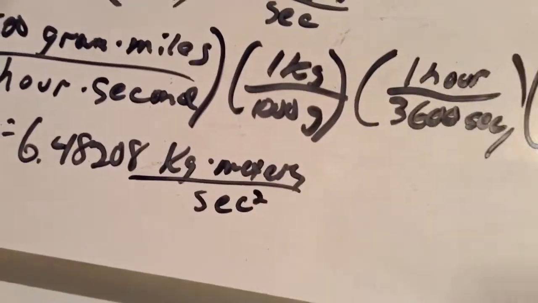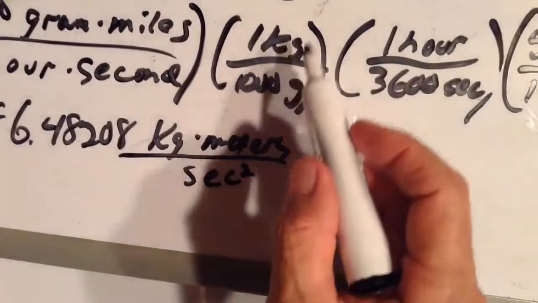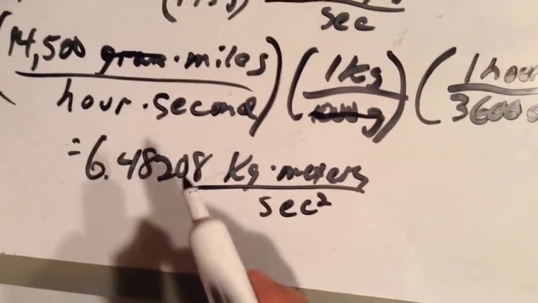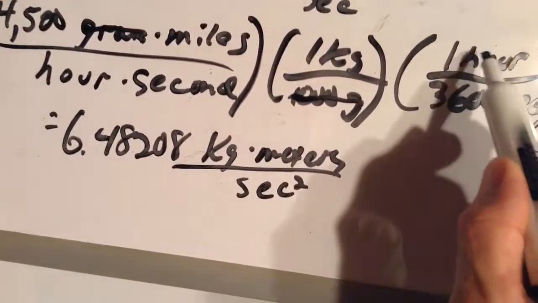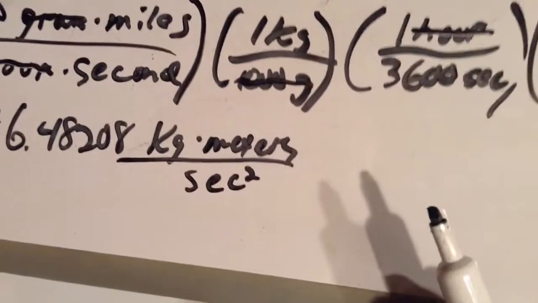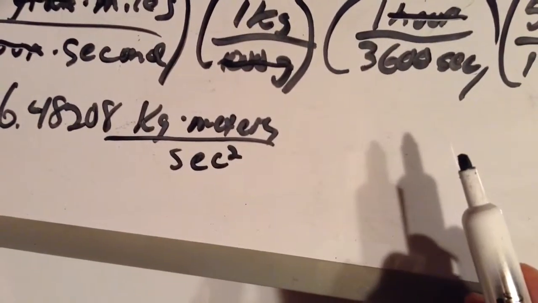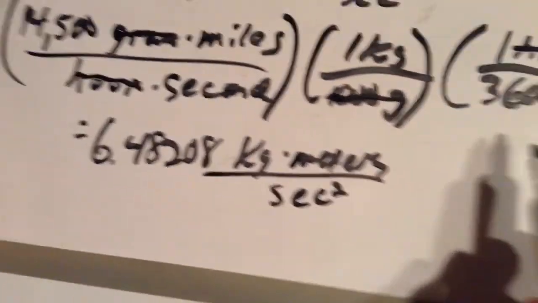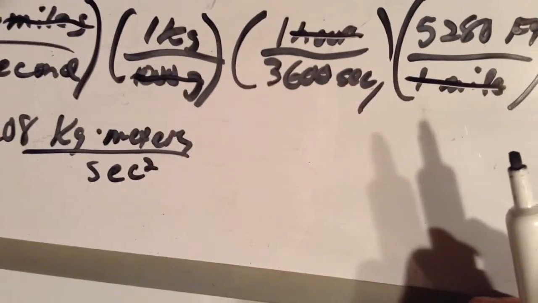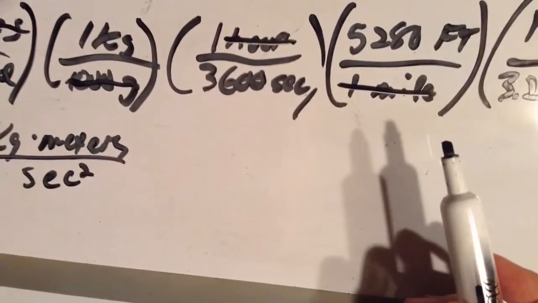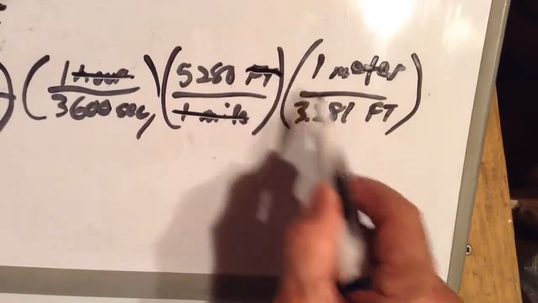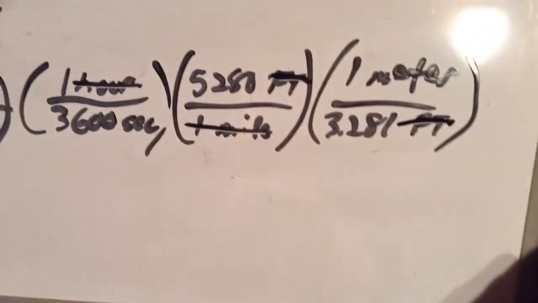Let's see if this all adds up. We've got gram miles per hour second times kilograms per gram. Grams cancel out, hours cancel out, miles cancel out, and feet cancel out.